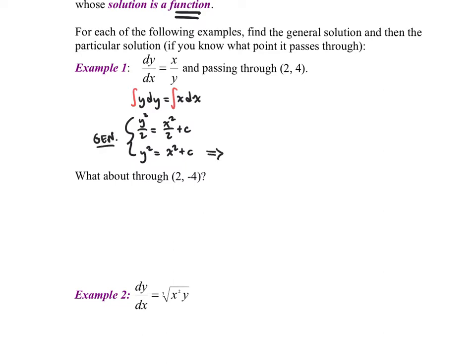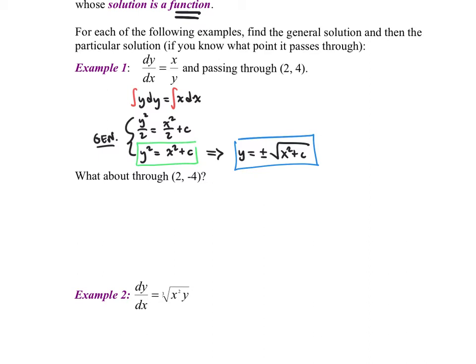I'm going to take this slightly further and write this as y equals plus or minus the square root of x squared plus c. This last part here will be the form that our particular solution comes in. But I'm actually going to use this form to identify something very important.